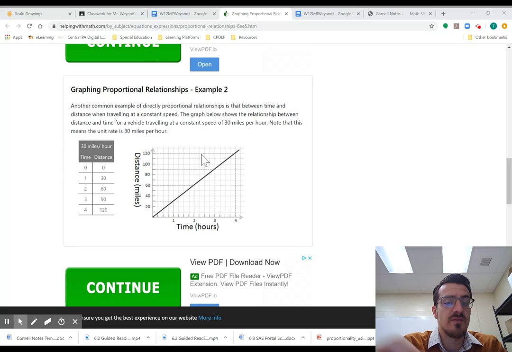So the slope is part of that proportional relationship between two points. Is the slope from one point to the next the same as well? It's going to make the slope the same.